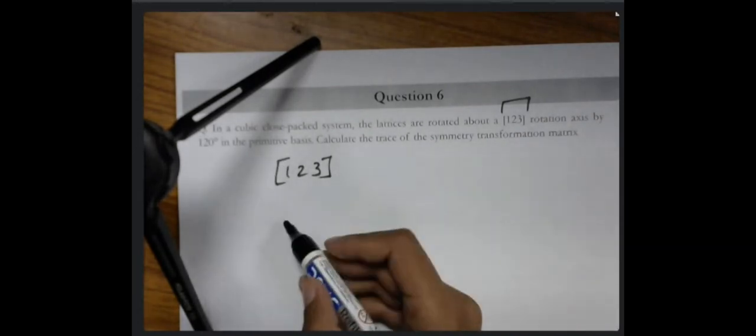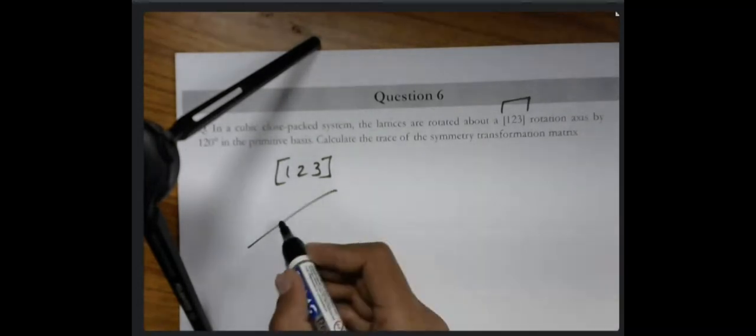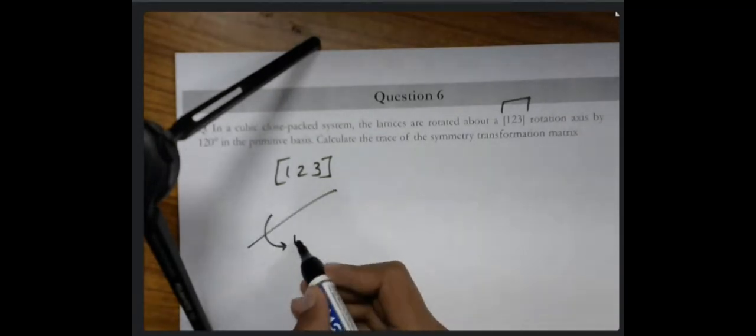They are rotated about this axis, which is 1, 2, 3. The rotation is by 120 degrees. In the primitive basis, in the FCC we can find the primitive basis also. Calculate the trace of the symmetry transformation matrix.